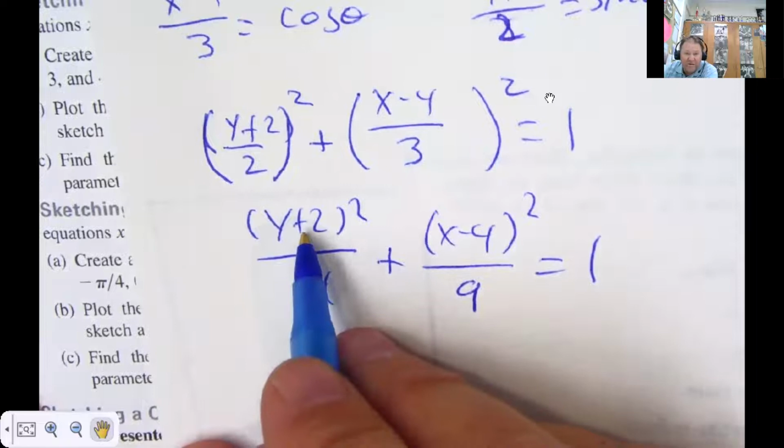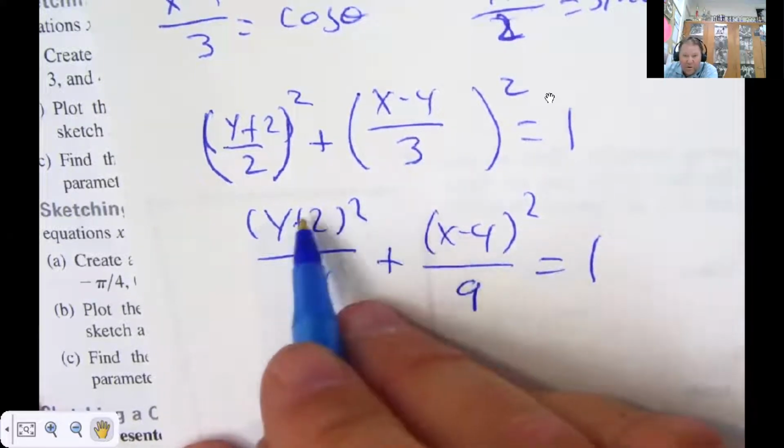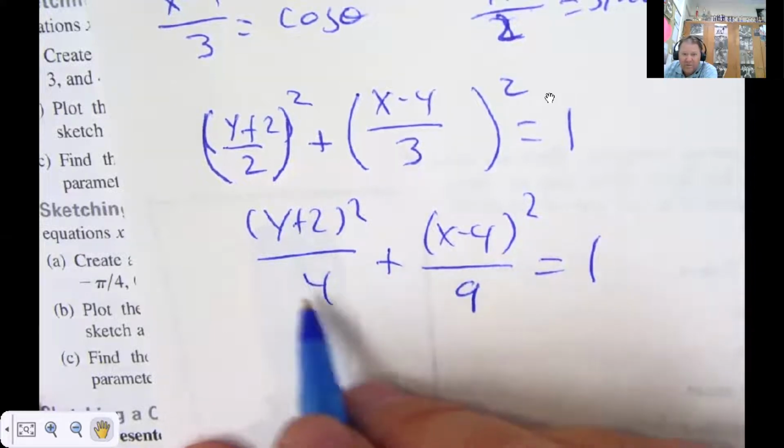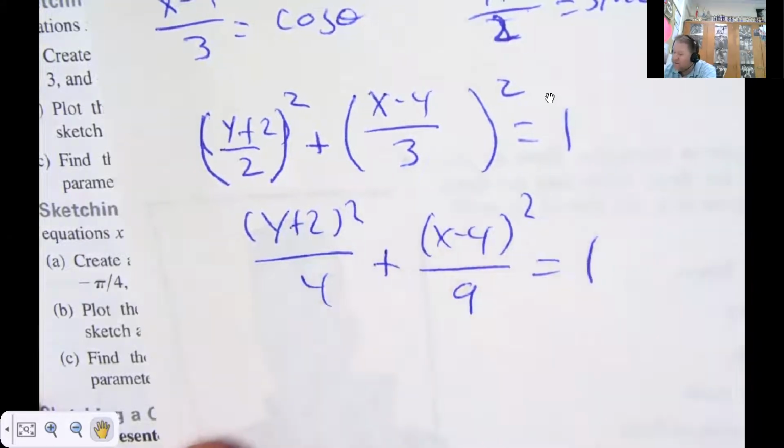And you can see the center is at (4, -2). And from the center, I'd go 3 left and right, 2 up and down, dots.